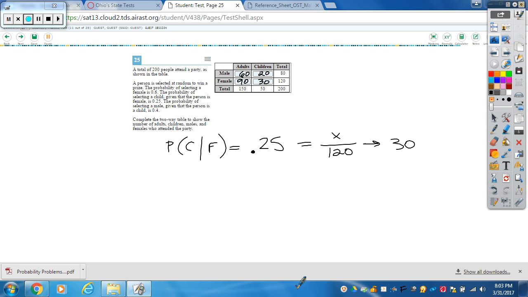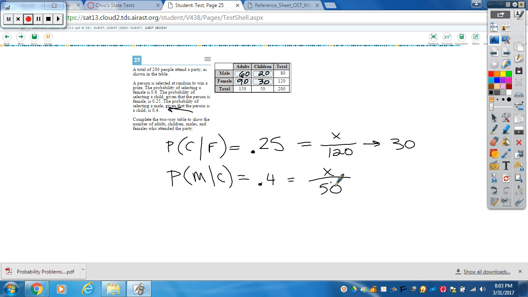You could have also come at it from the second sentence, where it says the probability of selecting a male given the person is a child. Okay. And that was 40%. Well, if the person is a child, we know that that is 50 people.